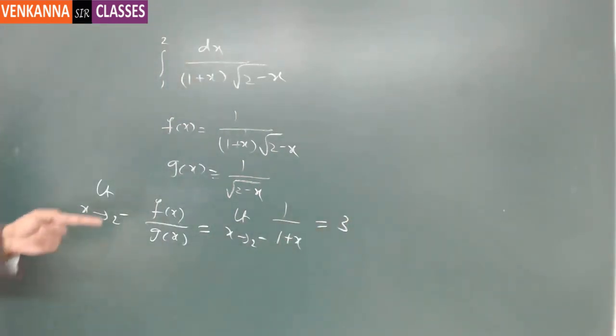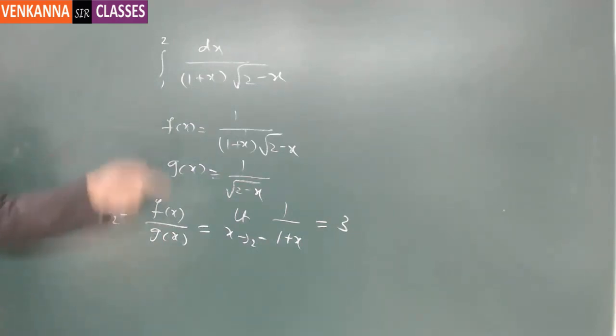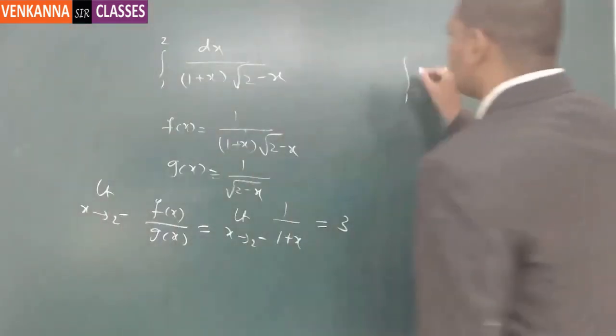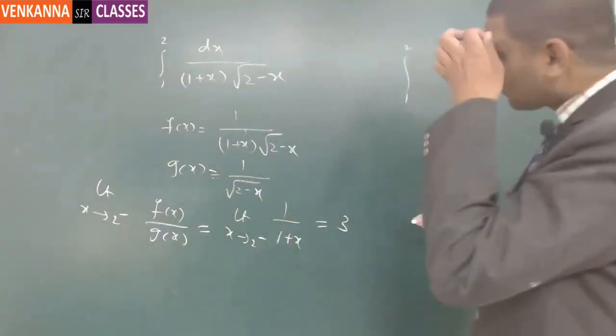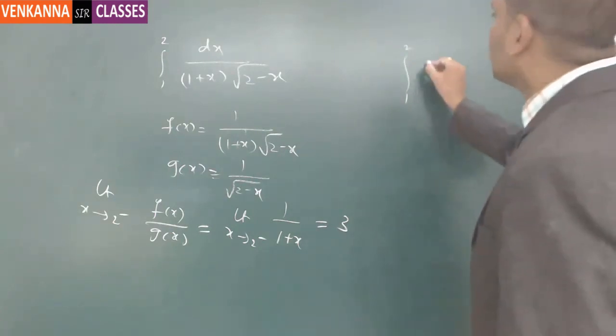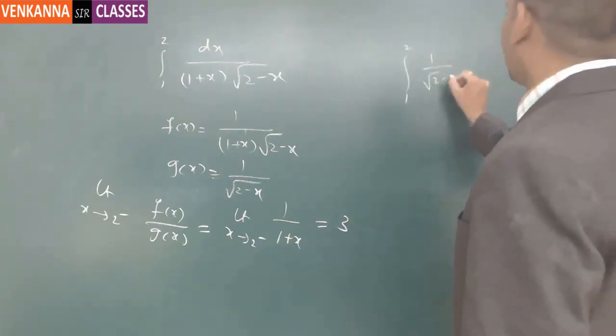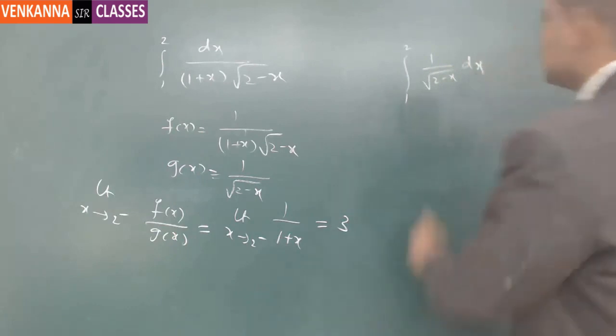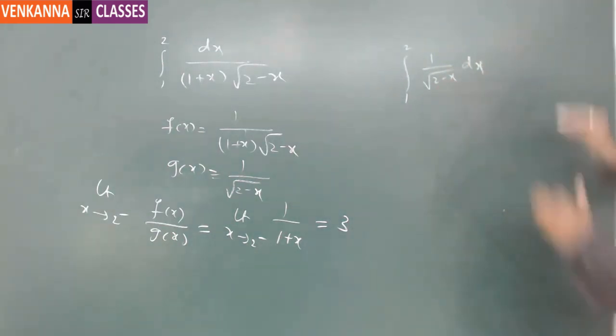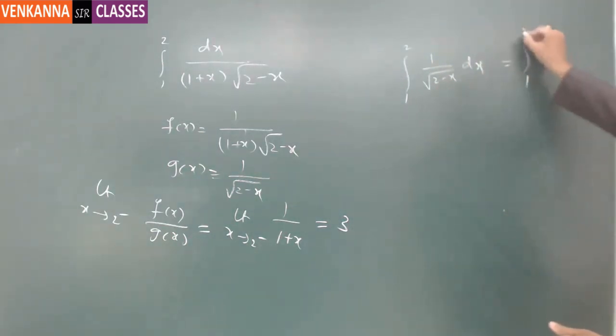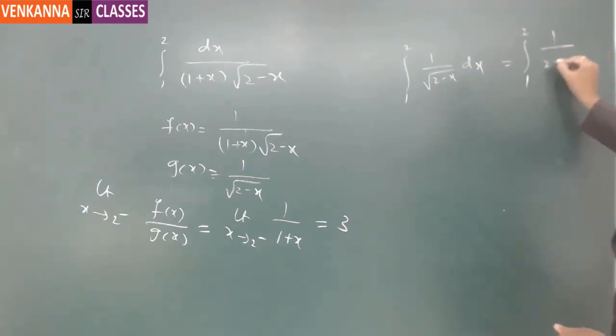Since it is a finite non-zero value, both the integrals converge or diverge together. So if you consider the integral 1 to 2, 1 by root of (2 minus x) dx, since 2 is the point of discontinuity, you can assume this integral as 1 to 2, 1 by (2 minus x) whole power 1 by 2 dx.